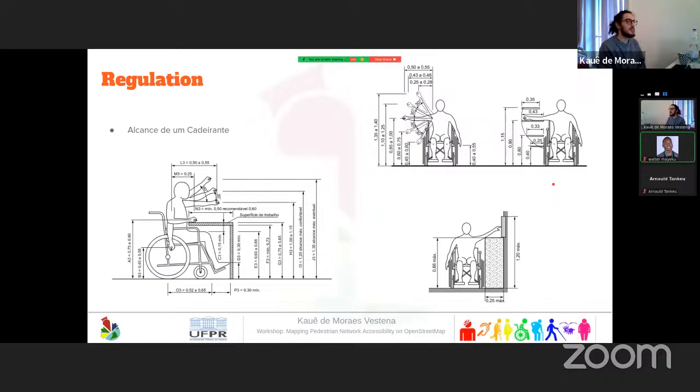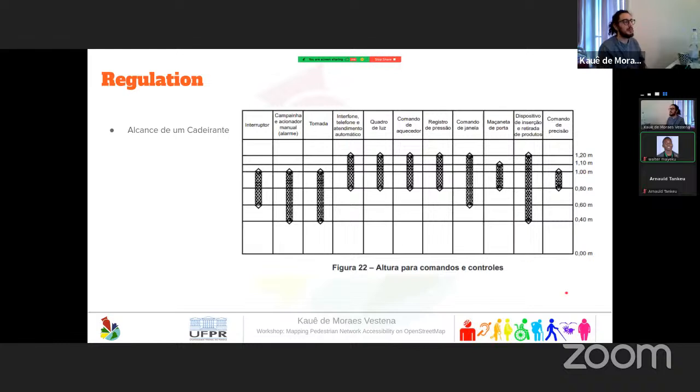And it's interesting because in the regulation, there are all the measurements about the reach that a person in a wheelchair may have. You have the ranges, for example, to install power sockets on the wall, or the thing that turns the light on and off. I forgot the name in English. You have all the ranges for installing it in a home or an environment that is meant to be accessible.